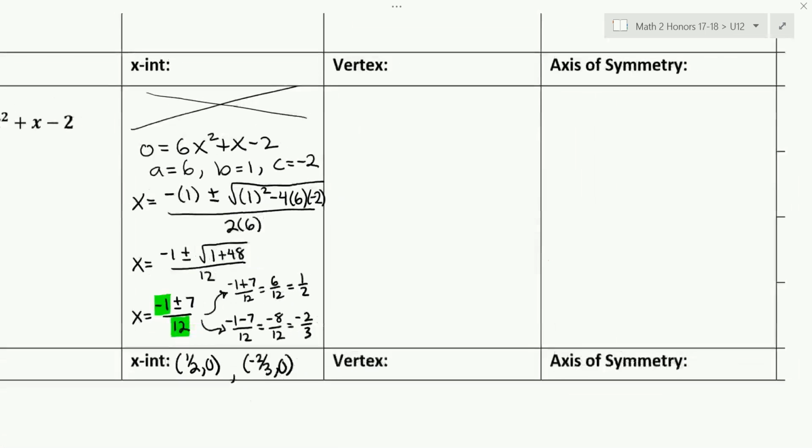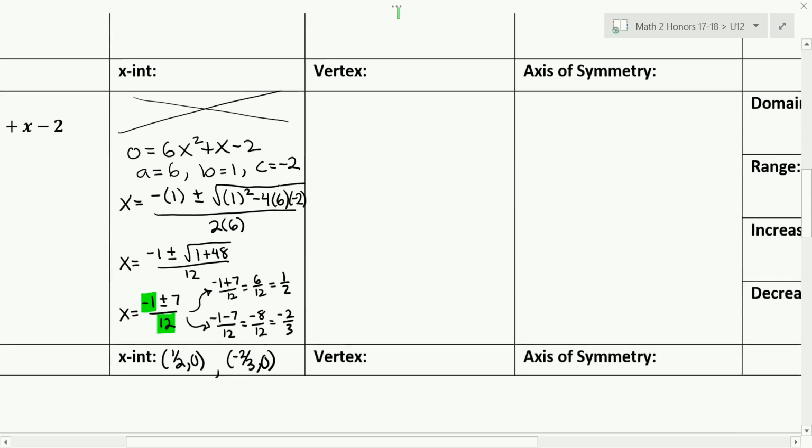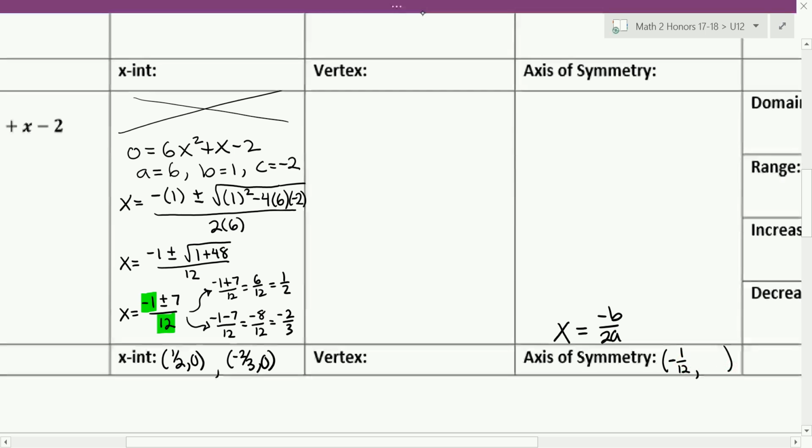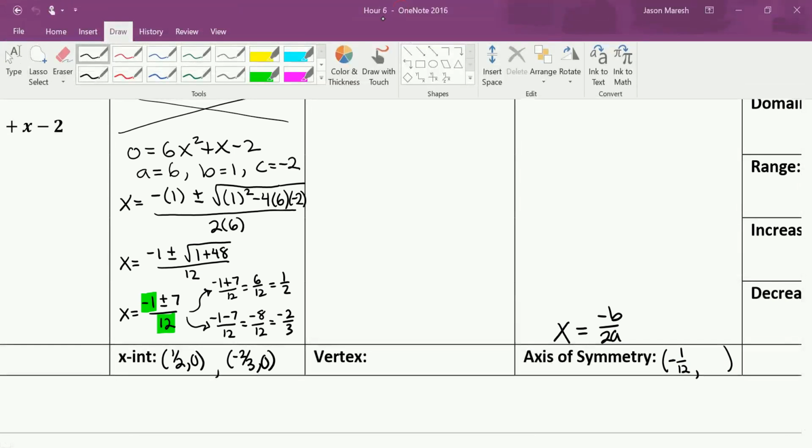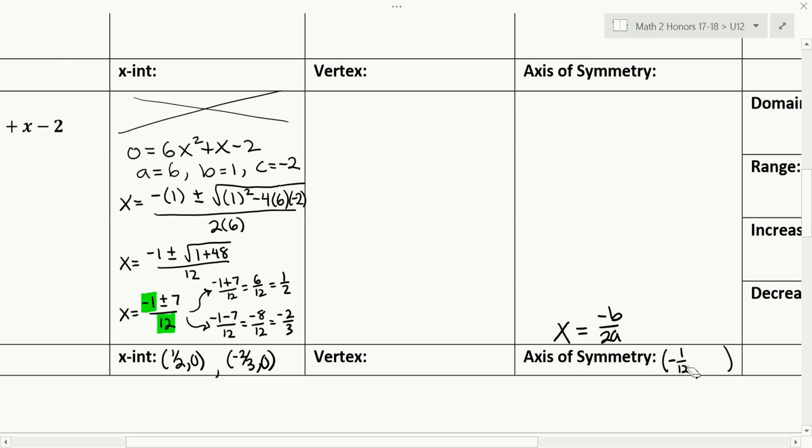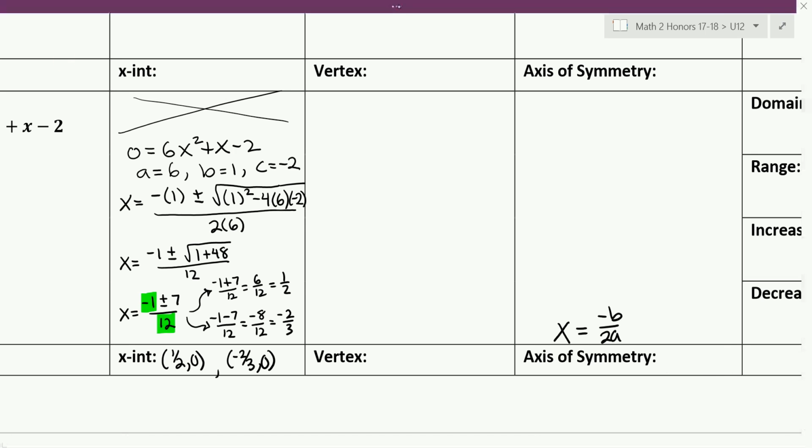So that's the second thing we find. And you could plug it into the formula negative b over 2a. Sorry, that's not the axis of symmetry. Axis of symmetry should be a point. Huh? The number's right, but the form is wrong.